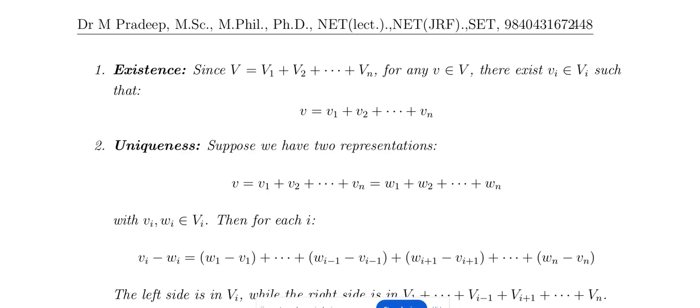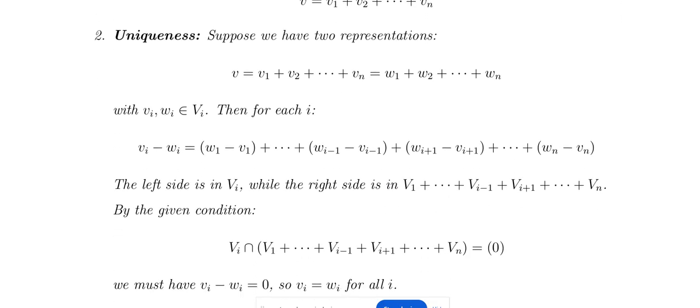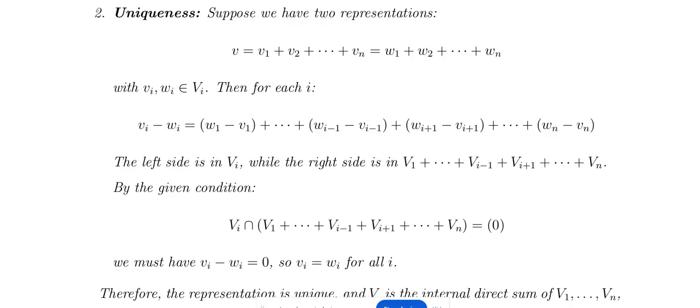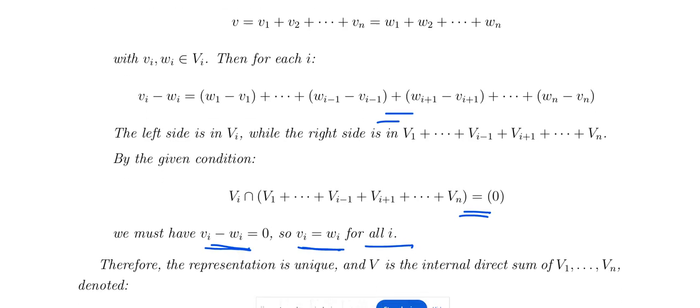ரெண்டையும் சப்ராக்ட் பண்ணிங்கன்னா என்ன வரும், that is vi minus wi is w1 minus v1 like that. So left hand side is in Vi, so the right hand side obviously belongs to Vi. Okay, in the ith term that is vi minus wi, this belongs to Vi intersection with the rest. Already the condition கொடுத்திருக்காங்க நமக்கு, இந்த கண்டிஷன் கொடுத்ததுனால this is equivalent to 0, அப்படின்னா vi equal to wi வந்துடும் for all i, அப்படின்னா யூனிக்னஸ் வந்துருச்சு.